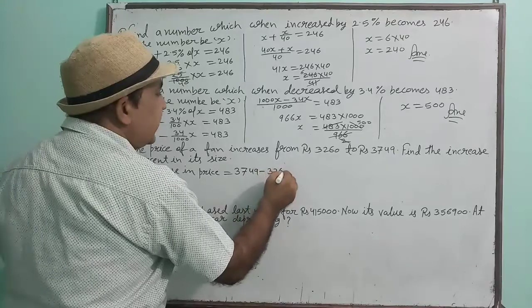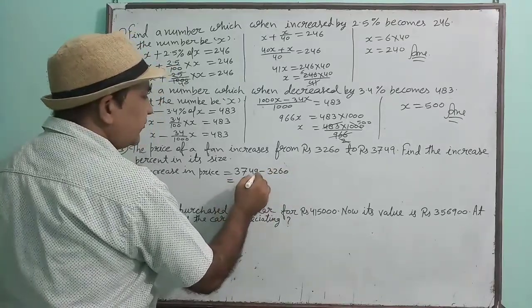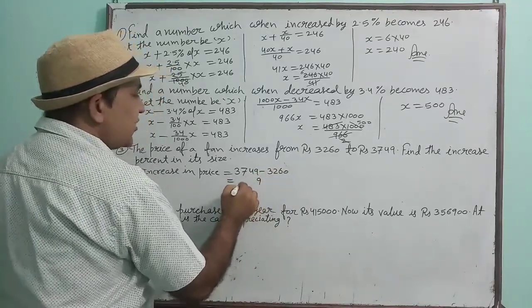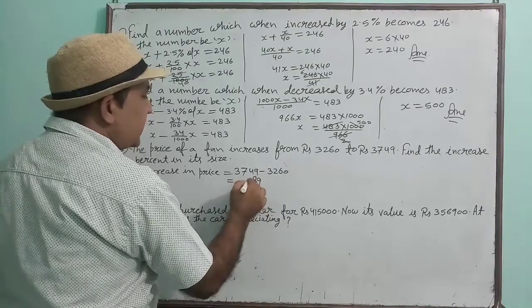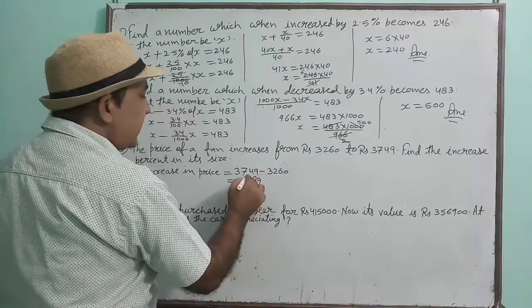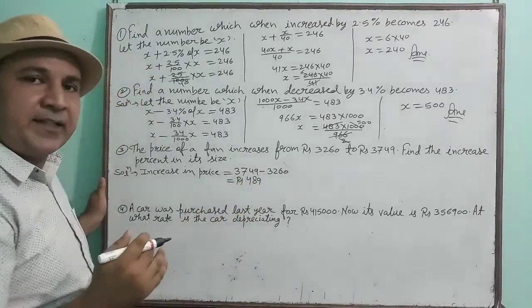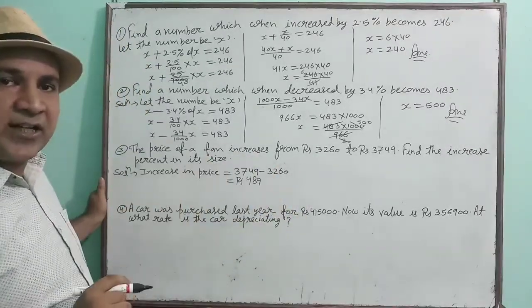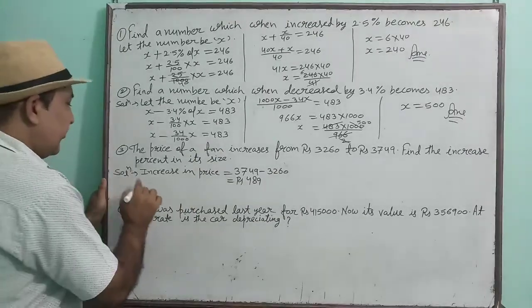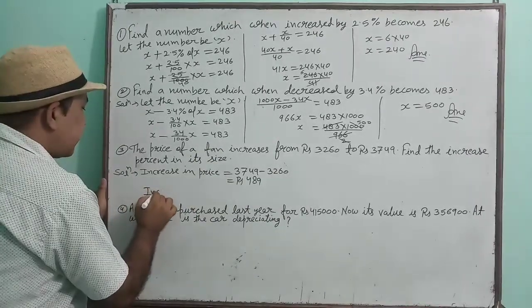3749 minus 3260. 9 minus 0 is 9. 14 minus 6 is 8. 6 minus 2 is 4. 3 minus 3 is 0. 489 rupees was increased in the price. Then we can find the increase percent.